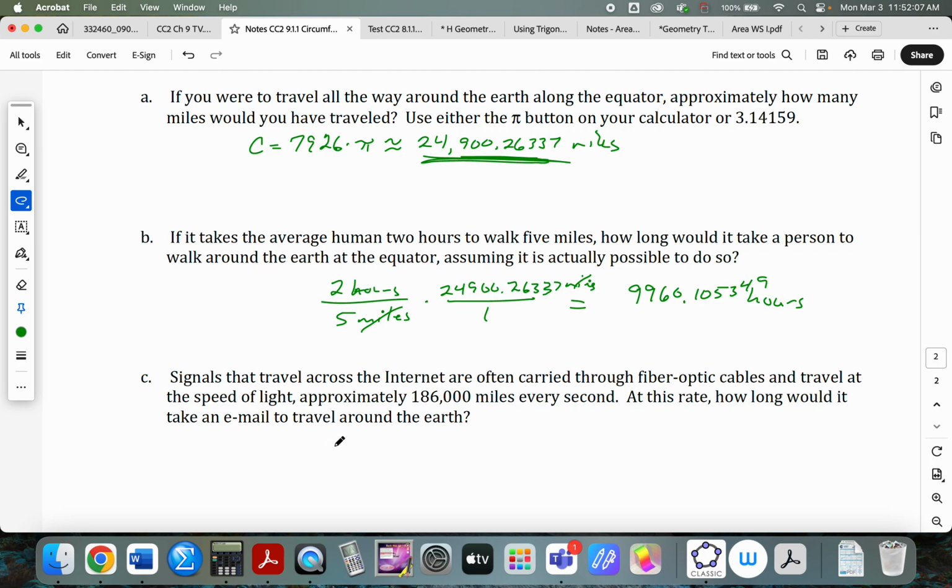So I've got how many miles? 24,900.26337. That's miles, right? I want to end up with something in time. Am I going to multiply by the 186,000, or am I going to divide by the 186,000?